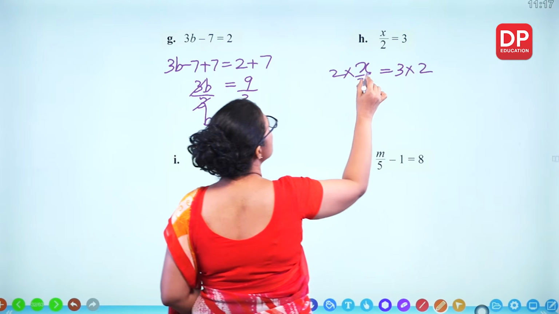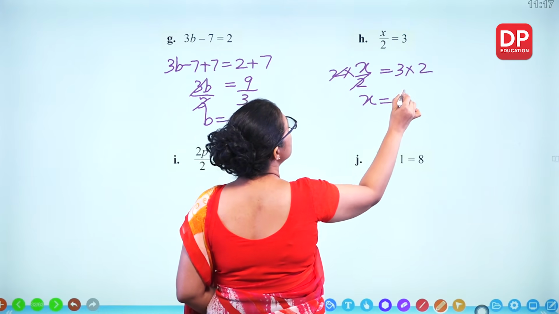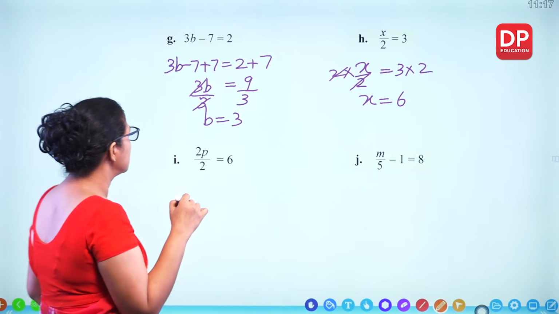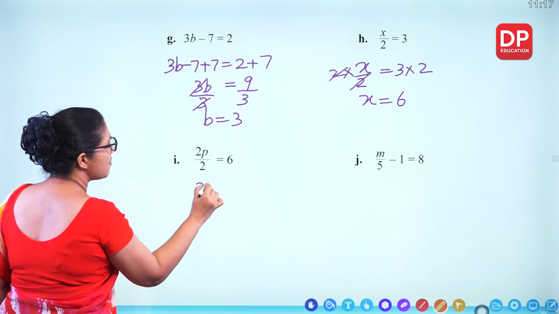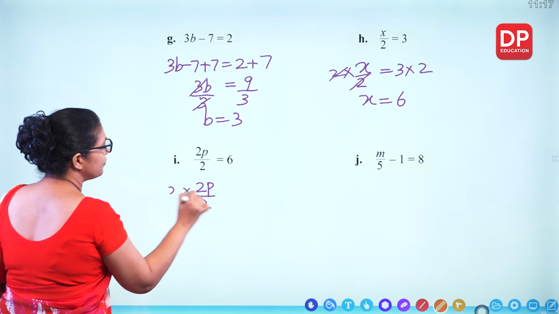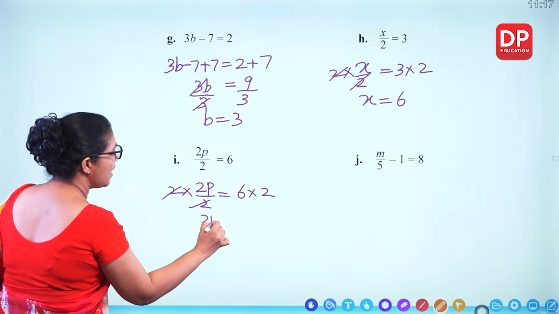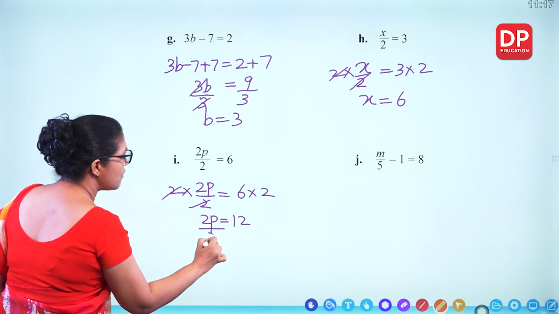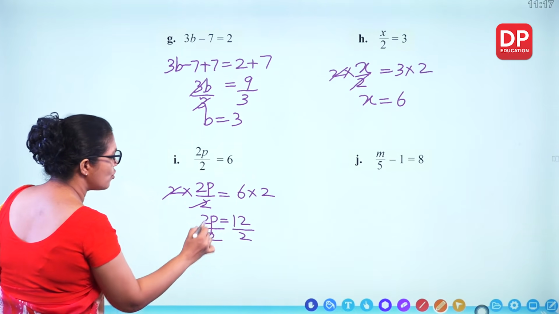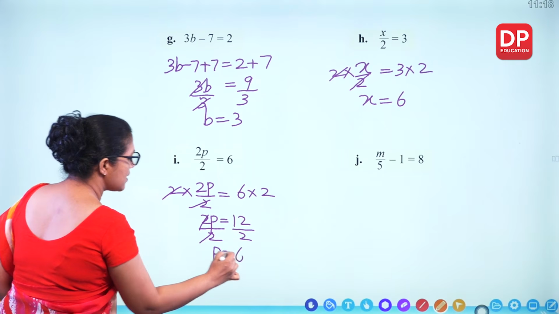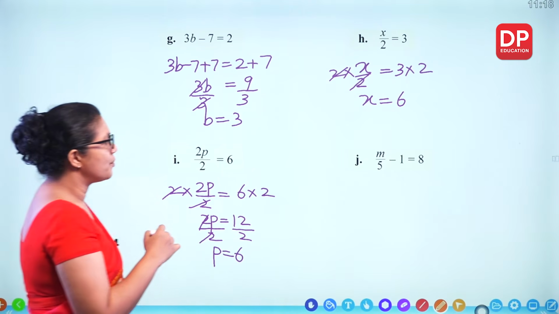That's the inverse operation. x equals 6. Multiply this by 2. Here also by 2. You get 2p equals 12. Now divide both sides by 2 to get p. That's 6, 12 divided by 2.